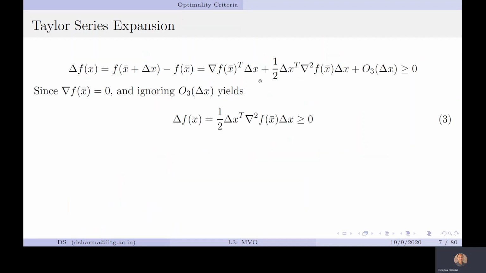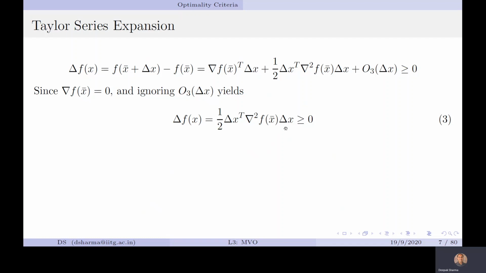Now it's the same equation number 2. To satisfy the greater than or equal to sign on the right hand side, the first condition is that the gradient of the function at x bar should be 0. Similarly, if we ignore the other terms, we get that the delta of the function is equal to this particular term, and everything should be greater than or equal to 0.